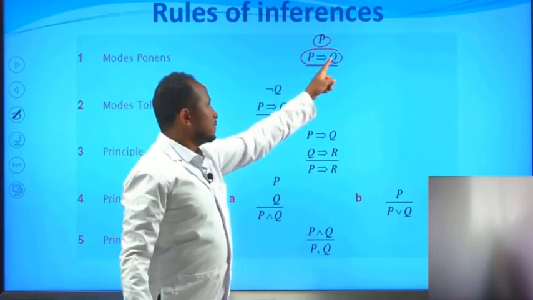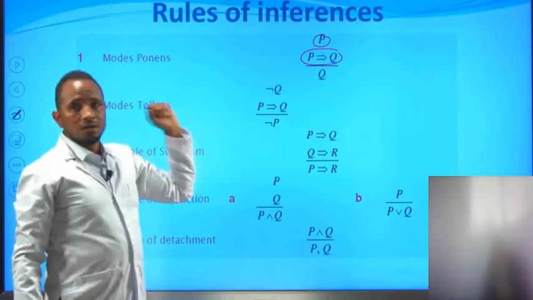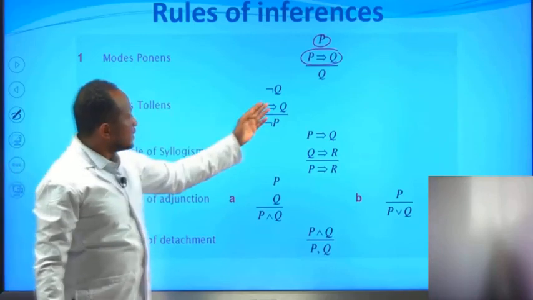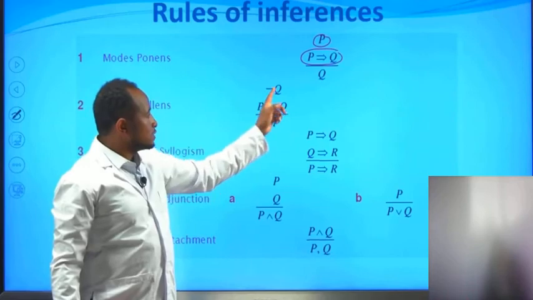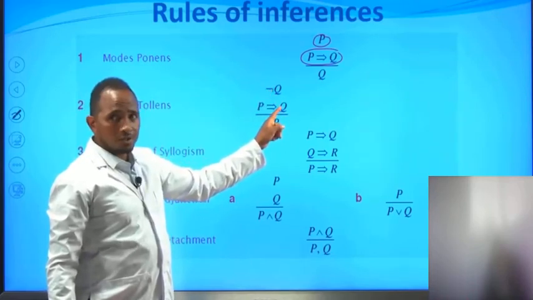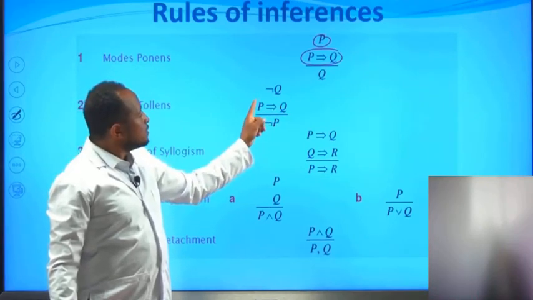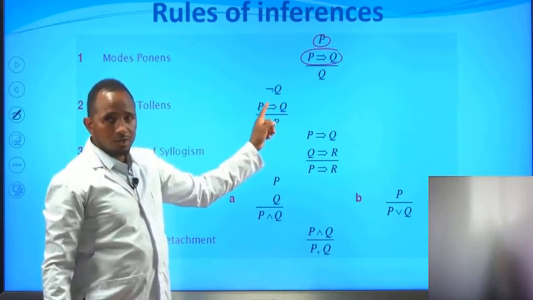So this rule of inference, its name is modus ponens. Here, negation of Q is true, P implies Q is true, these are premises. Since negation of Q is true, Q is false. P must be false so that this proposition is true. False implies false gives you true.